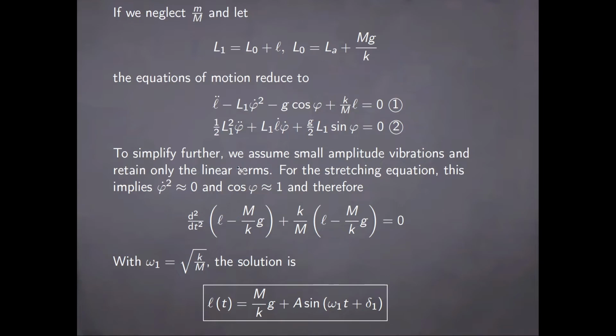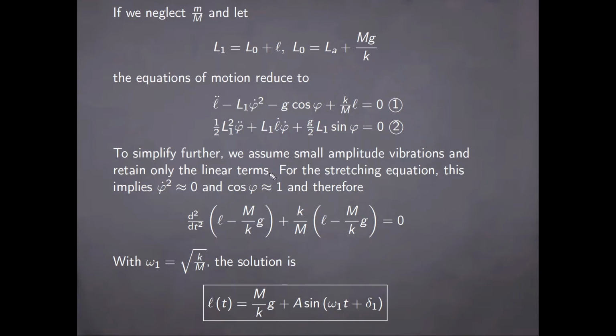And to simplify things further, we will assume small amplitude vibrations and retain only the linear terms. So no products of functions involving stretching and angular displacement are allowed, and no higher order terms in terms of power.